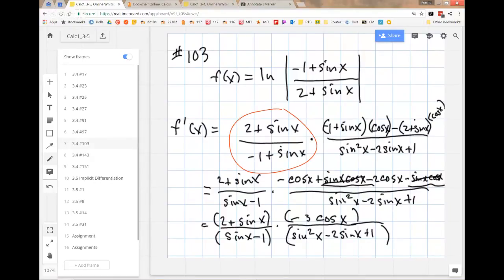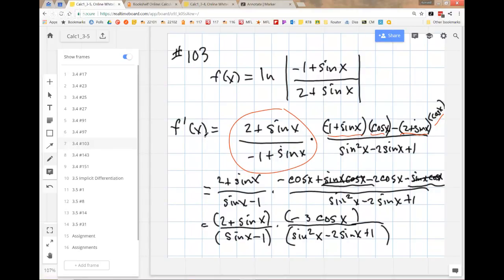Now we got to do the derivative of that, which is a quotient, so we got to use the quotient rule. So here's the denominator right here, times the derivative of the numerator, minus the numerator times the derivative of the denominator, all over the denominator squared.